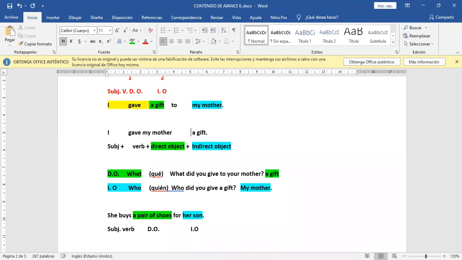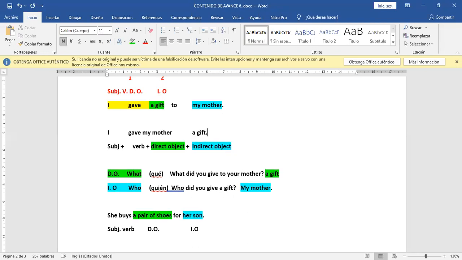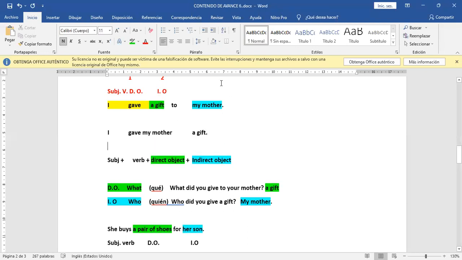Where is the direct object? Where is the indirect object? It changed, teacher. Look, my mother is here and a gift is here. So where is the direct object and where is the indirect object now in this sentence?